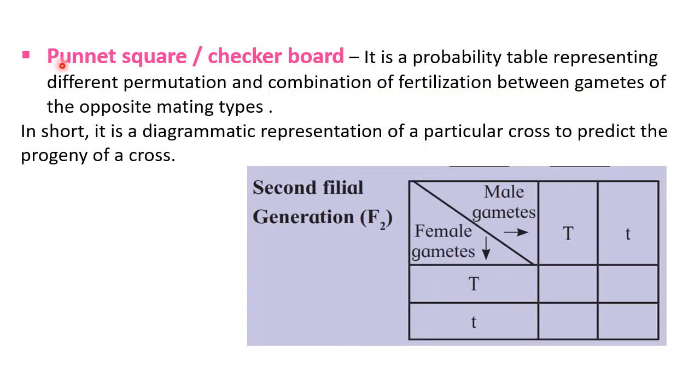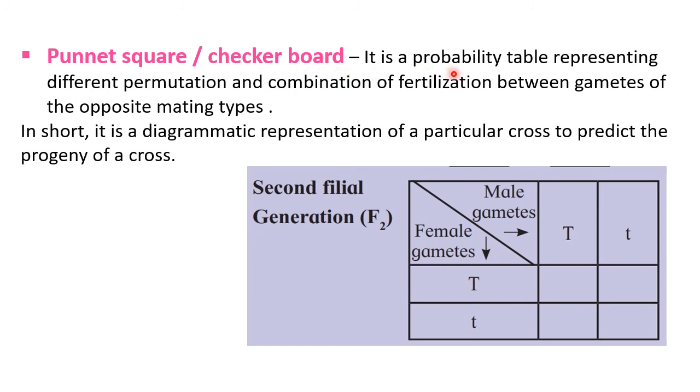Now we will see the term Punnett square, or it is also called checkerboard. It was first discovered by a scientist called Punnett to denote the possible combinations produced in F2 generation. Hence it is called Punnett square.